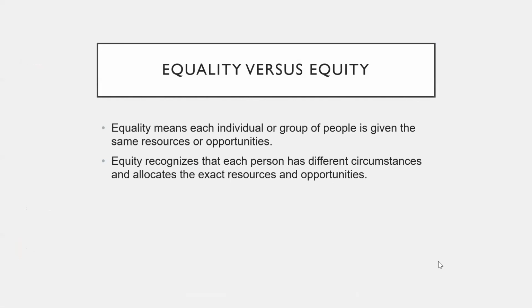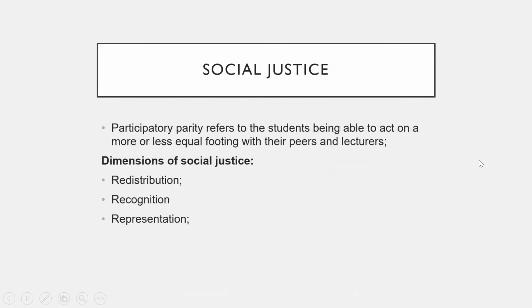inclusively without any hassle. On the next slide, we relook at social justice. As you might have seen on the invite, we thought of using Nancy Fraser's idea of participatory parity, because her dimensions of social justice gave us a lens to look at how we distribute access to education and what sort of resources.